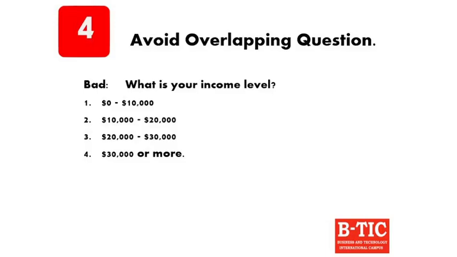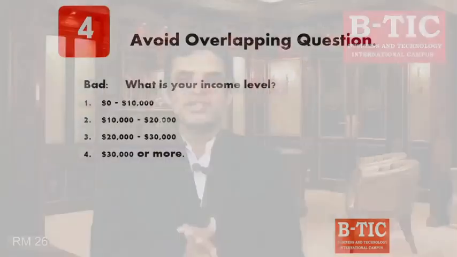This is what we call overlapping answers, and this is not good. So you have to make the question this way: 0 to $10,000, $10,001 to $20,000, $20,001 to $30,000, $30,001 or more dollars. So you have only one option for anyone who wants to answer this question.